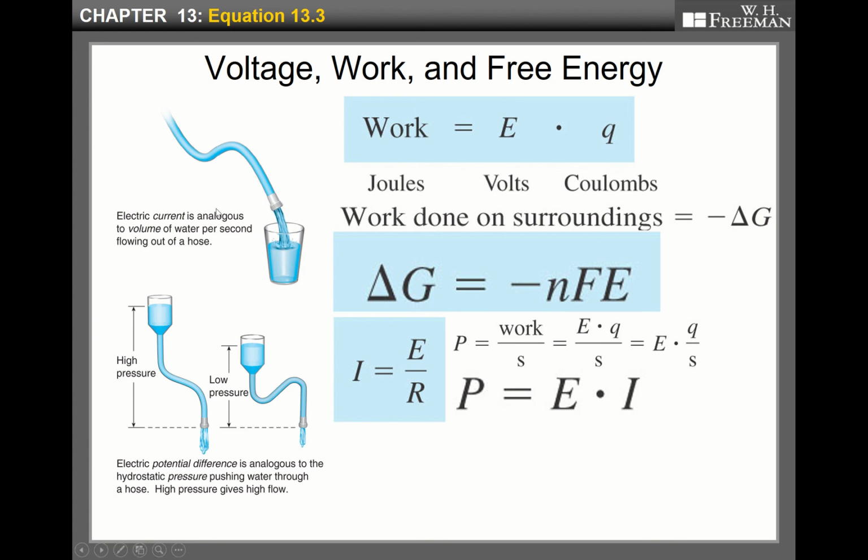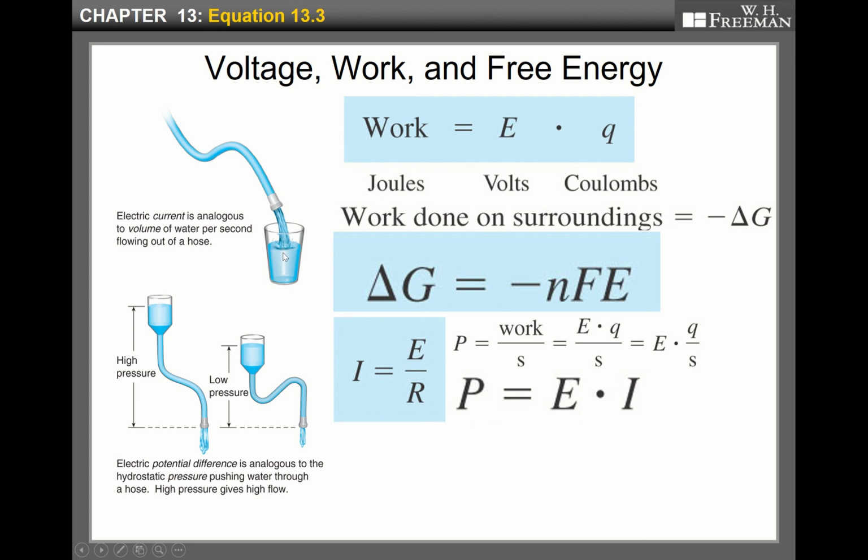Let's look at these two figures. This picture is analogous to electrochemistry. Electric current is analogous to volume of water per second. Through this pipe, water flows, and what is current? Current is the volume of water per second.